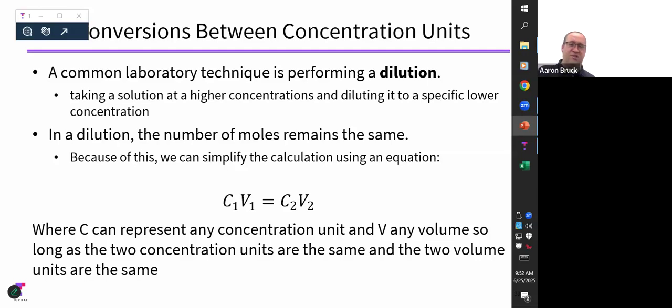Molarity, molality, they would work out okay. Basically, any of the volumetric ones would work out here. So molality probably wouldn't work as well, unless the solvent was water. But the volume can be any unit as well. Liters, milliliters, it works out okay.